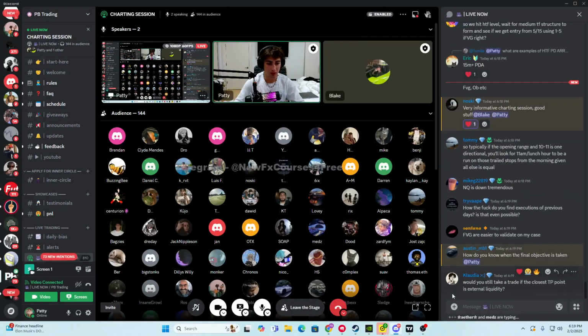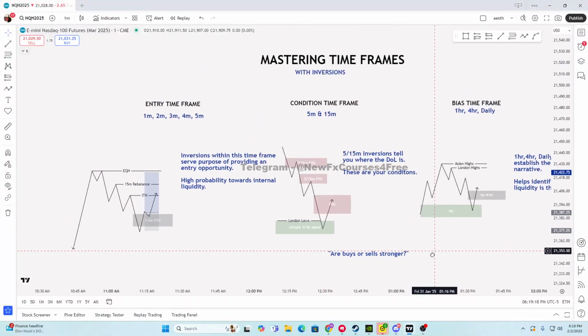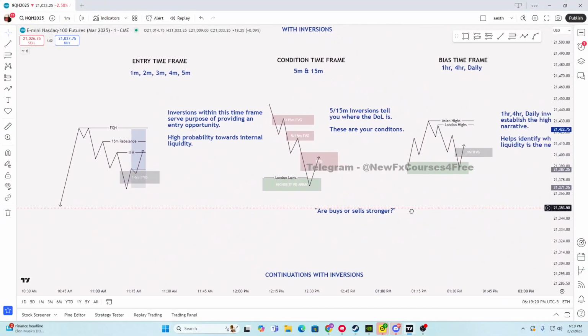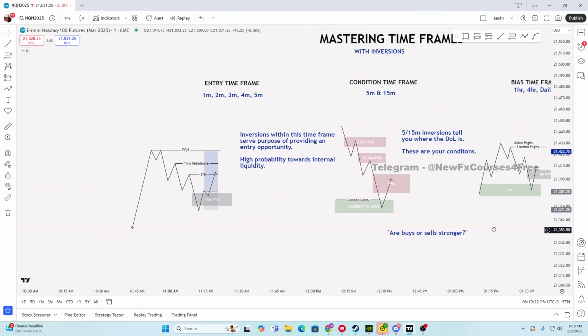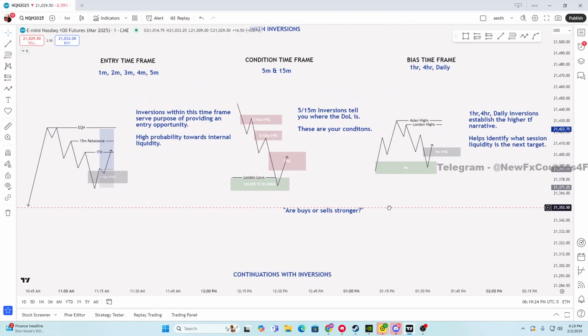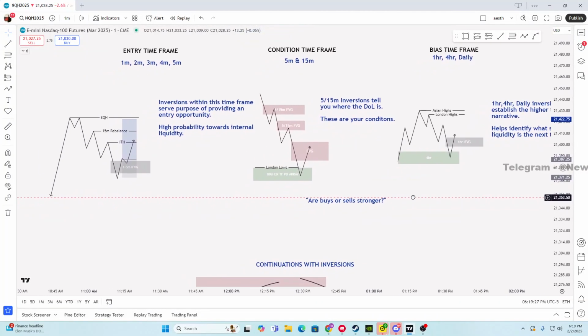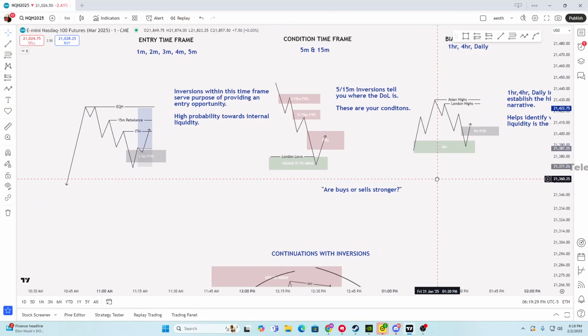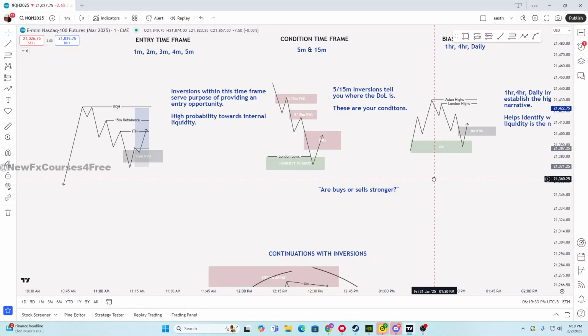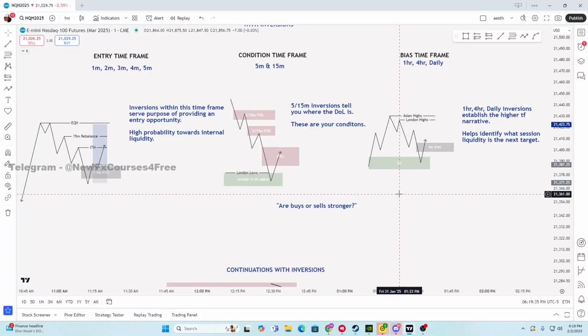How do you know when the final objective is taken? Well, since we are intraday traders, since we are futures traders, and since we are executing on the 1 to 5 minute chart and basing our bias off the hourly and 4-hour-ish, typically objectives are going to be previous session highs and lows, maybe previous day highs or previous day lows.